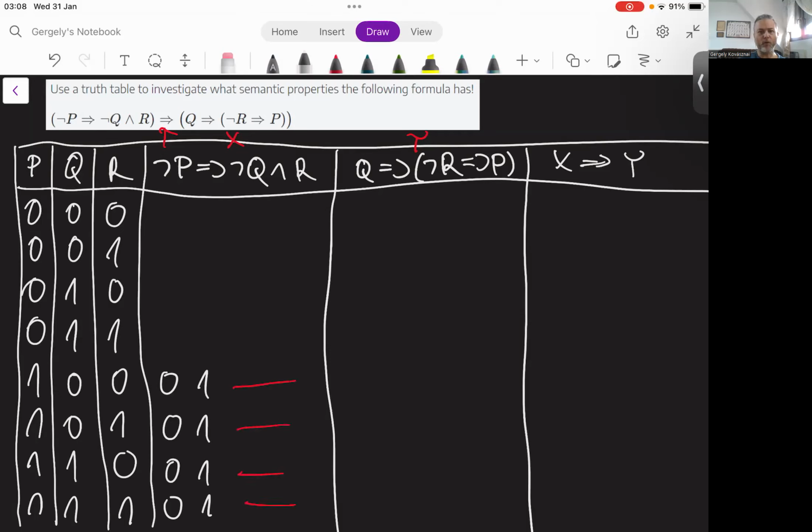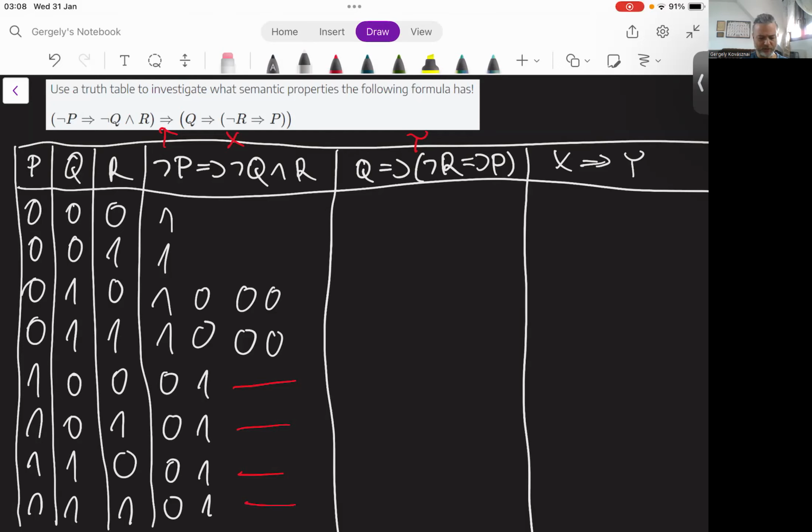In the remaining 4 interpretations, not P evaluates to 1. Therefore, we really need to evaluate the right-hand side, not Q and R. We can start with the interpretations where not Q evaluates to 0, because in those cases, the conjunction evaluates to 0 immediately, which makes the implication evaluate to 0.